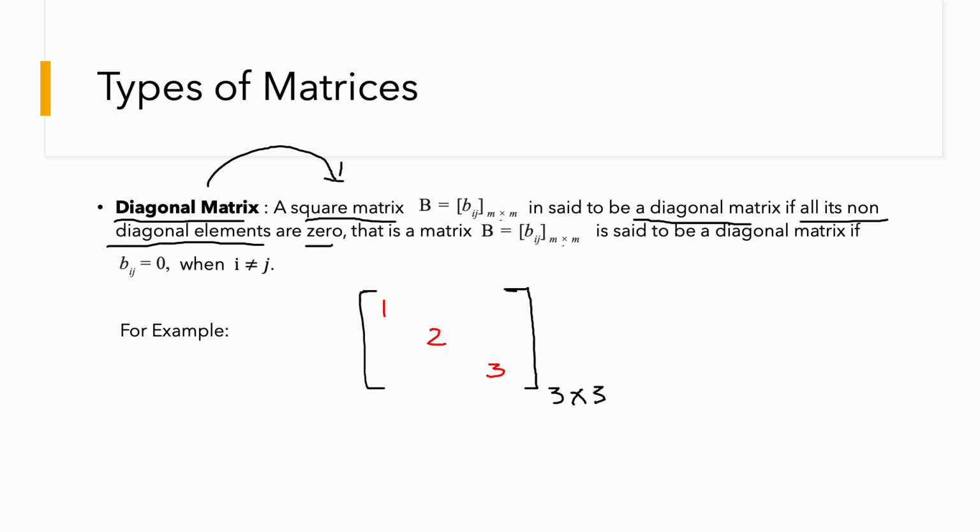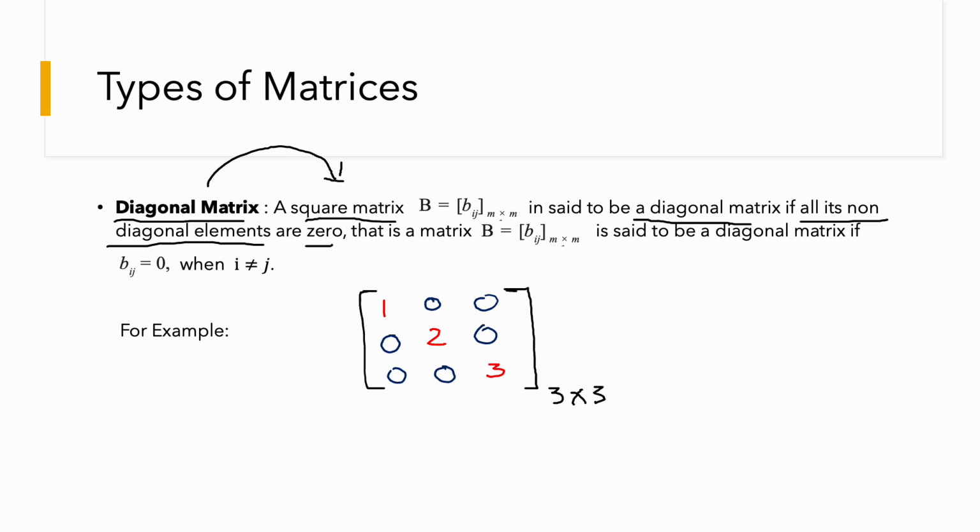What about the remaining elements? Remaining elements have to be 0. So non-diagonal elements have to be 0. So this is basically your diagonal matrix where non-diagonal elements are 0, and along the diagonal of the matrix all the diagonal elements have to be non-zero.